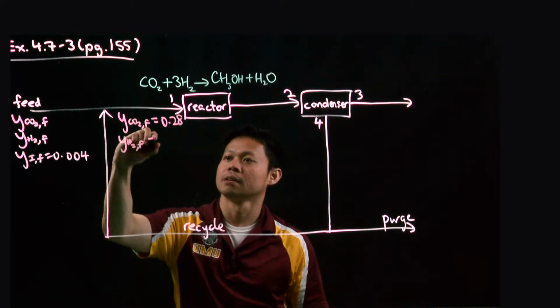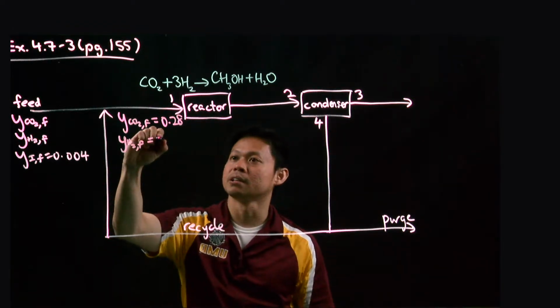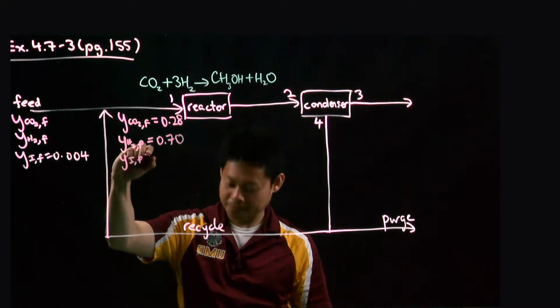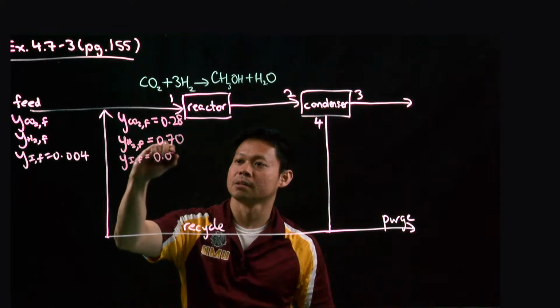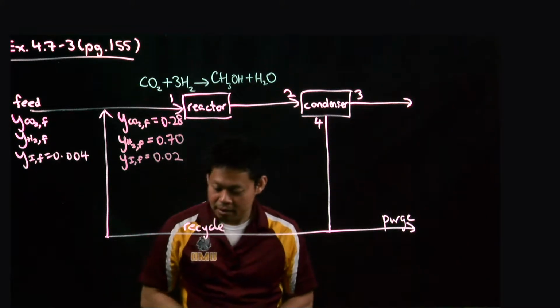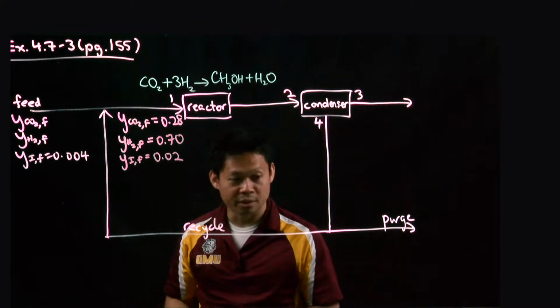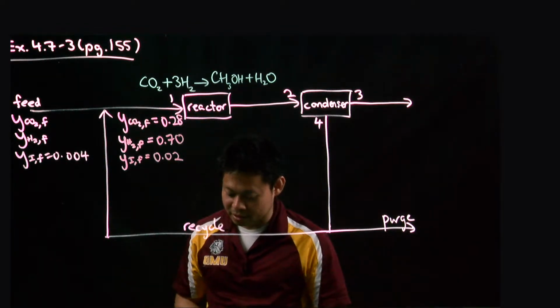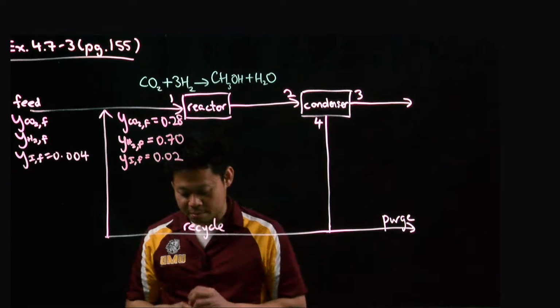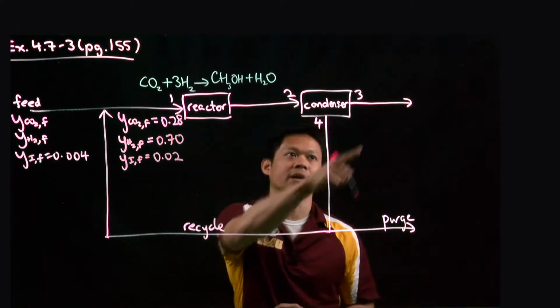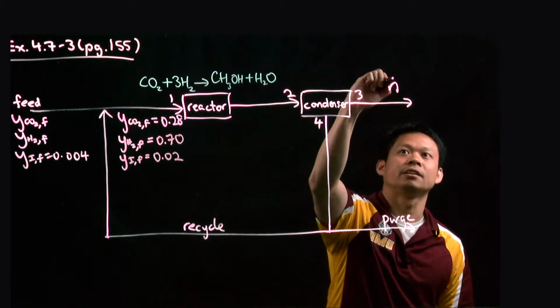Hydrogen is 70%. And our inerts is the remaining, which is 2%. Okay, so we're given that. The single pass conversion of hydrogen is 60%, so we can't do anything with that yet. And we want to calculate a whole bunch of different things, but we're given a methanol production rate of 155 kilomoles per hour. So this is what is given right here.